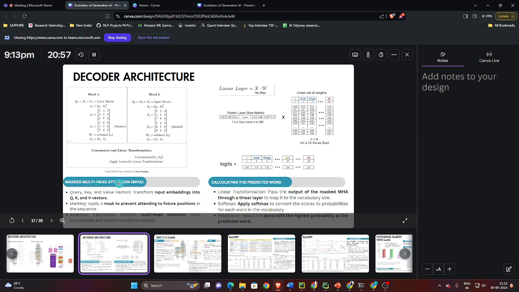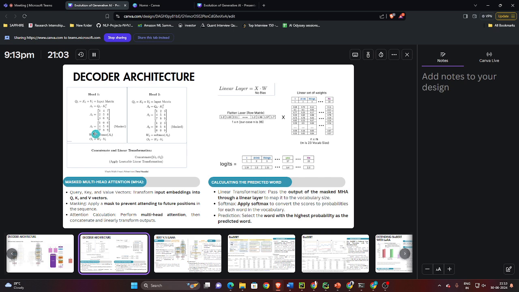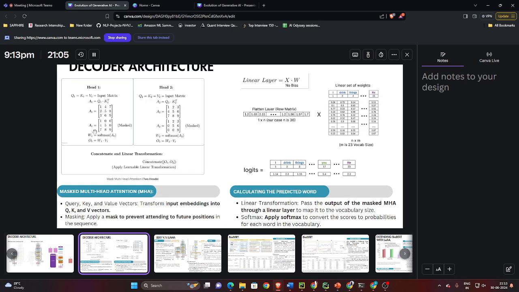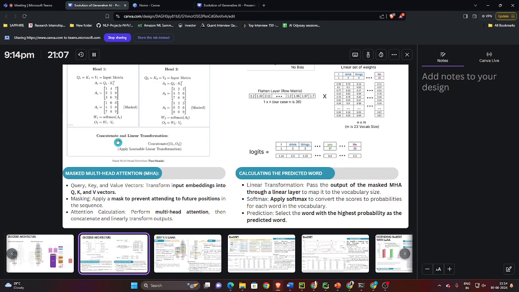Masked multi-head attention. We understood what is query, we understood what is key, we understood what is value. For every single one of these, we apply a small mask to prevent attention to future positions. I would love to go into the exact mathematics or the exact linear algebra of this, but that would consume a lot more time, and I would deviate from the course of the presentation.